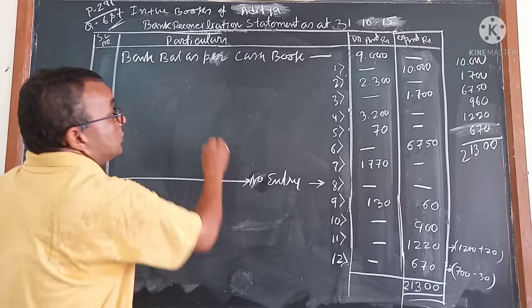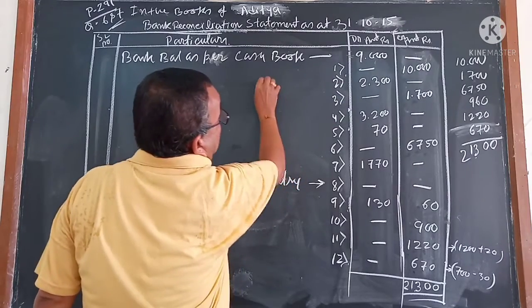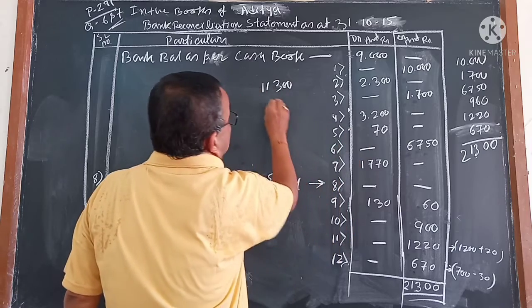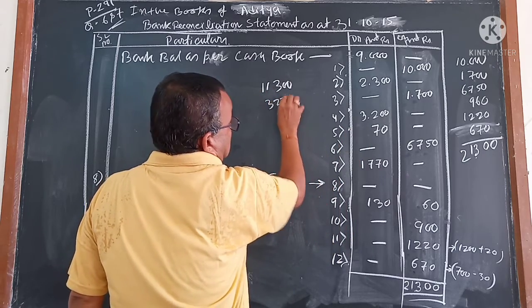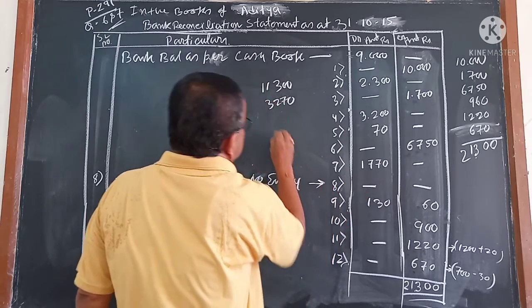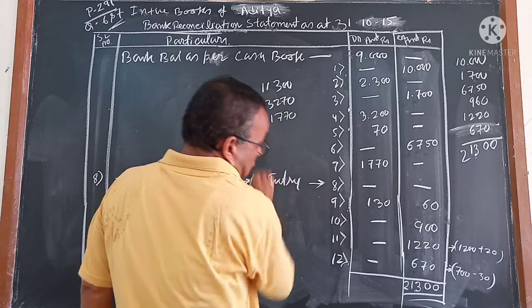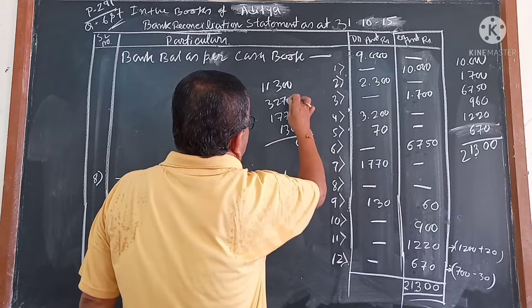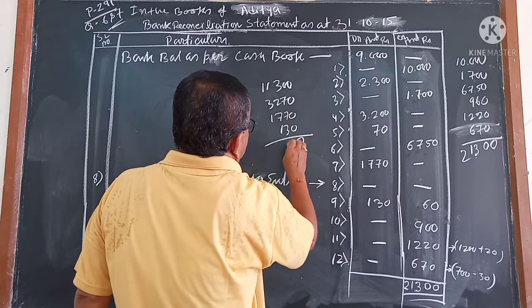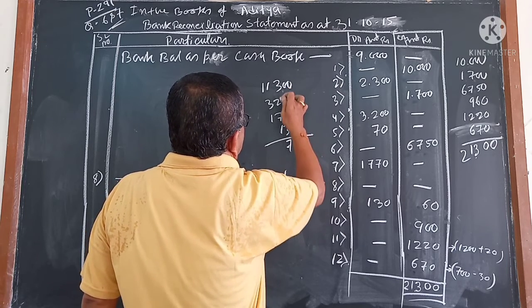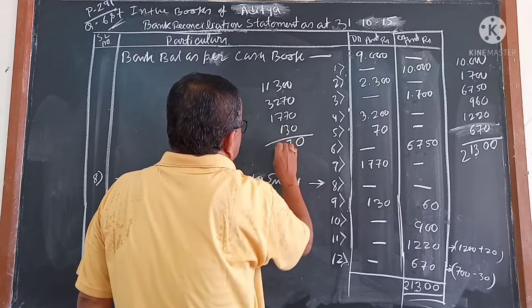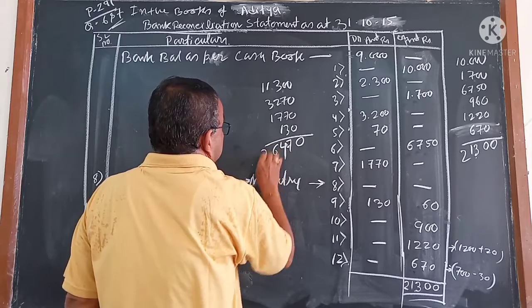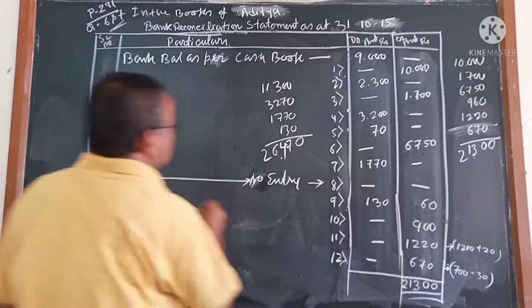Now this side: 9,11,300. This is 3,270. 3,270. This is 1,770 and 130. 26,470.